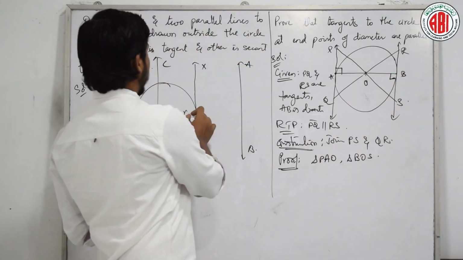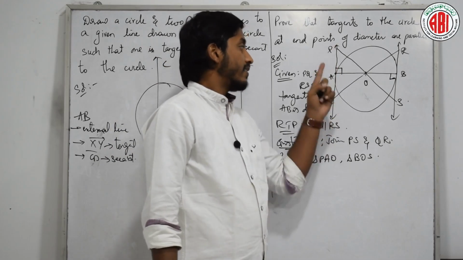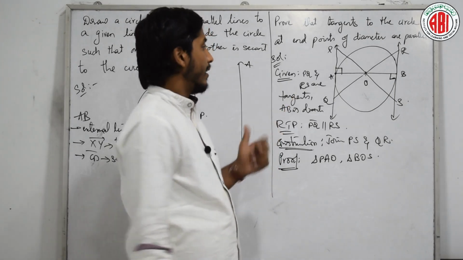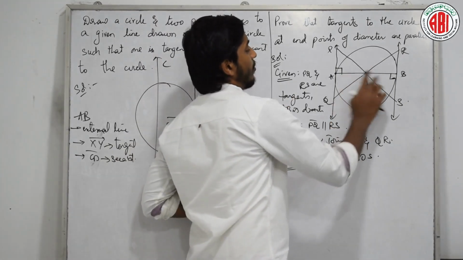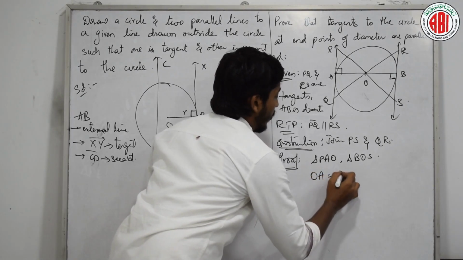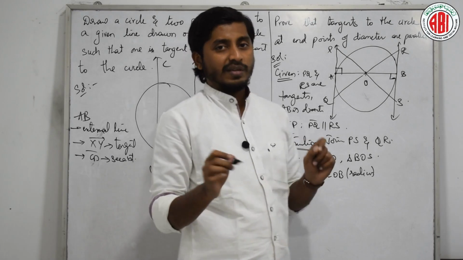Here also you can specify it. Remember, whatever the tangent it is, that will be always perpendicular to the radius. Is it right? Now look here, in these two triangles, OA is equal to OB. Why? Because it is a radius. Obviously that will be same.